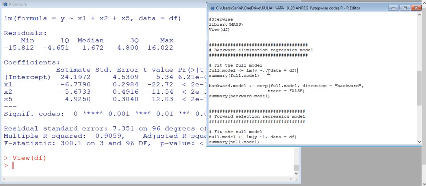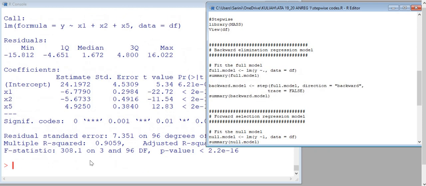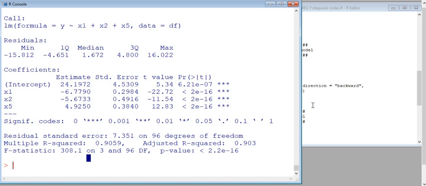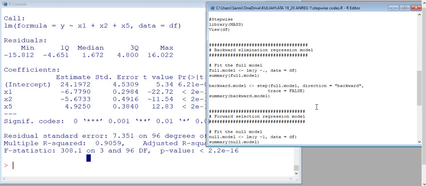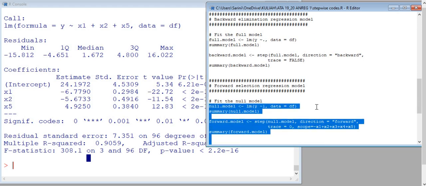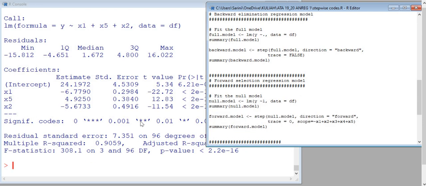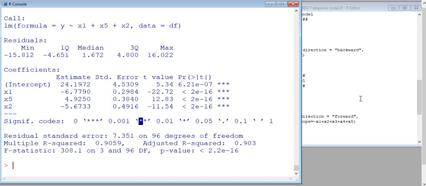Okay, and then this is the backward elimination result. Among those 5 variables, 3 variables are selected: x1, x2, and x5. And then using the forward selection, starting with the null model and including the variables one at a time, we also end up with this result.